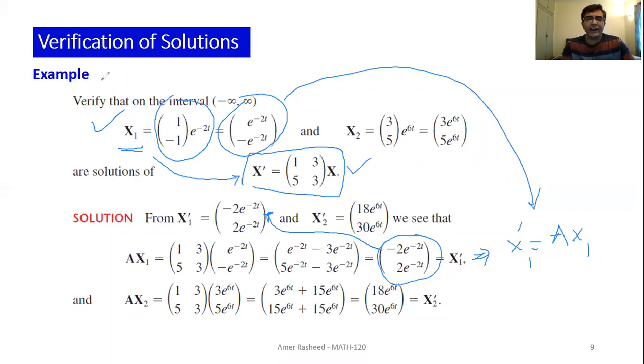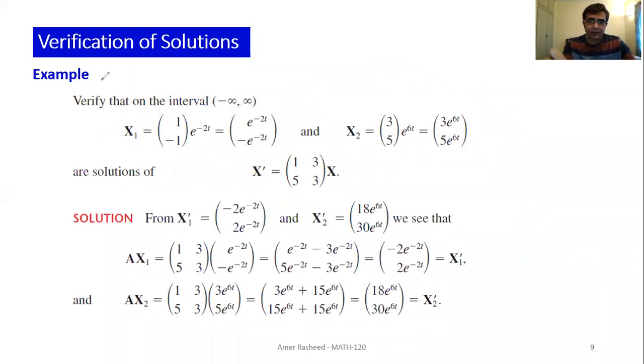Later on, we will try to find these solutions by discussing different solution methods. Minus 2 is an eigenvalue. We'll discuss eigenvalues and eigenvectors later on when we discuss the solutions of these systems.